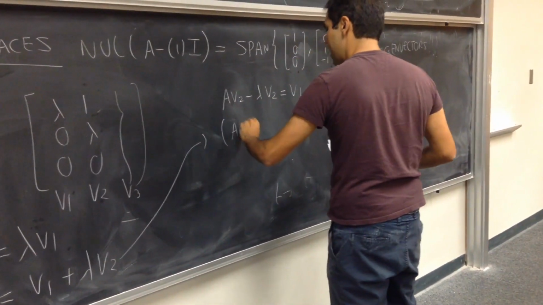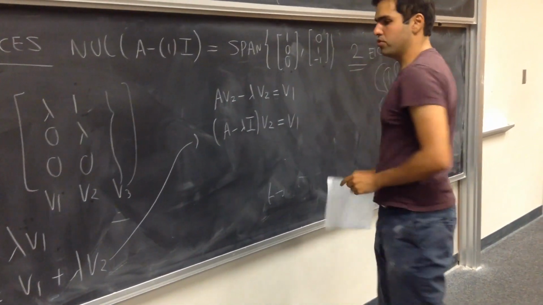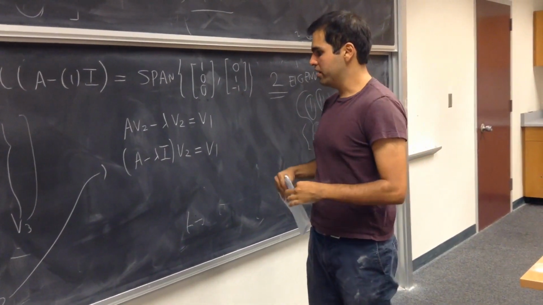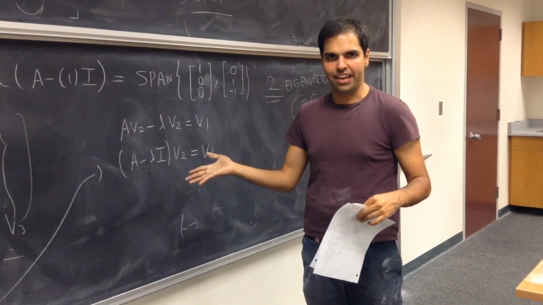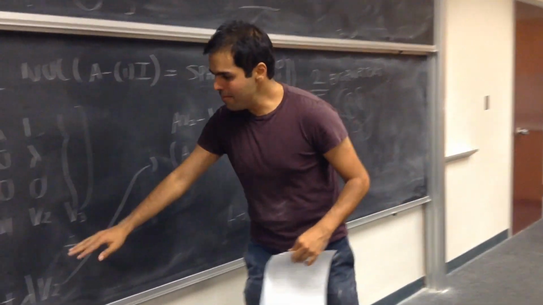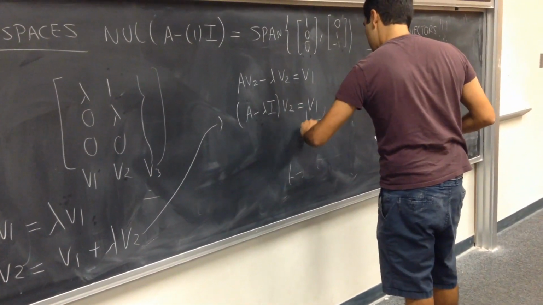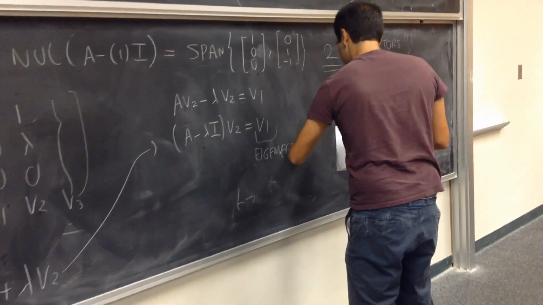In other words, (A minus lambda I) v2 equals v1. And this is very, very important. First of all, notice this A minus lambda I appears again. And remember the following: v1 is an eigenvector. It's given.